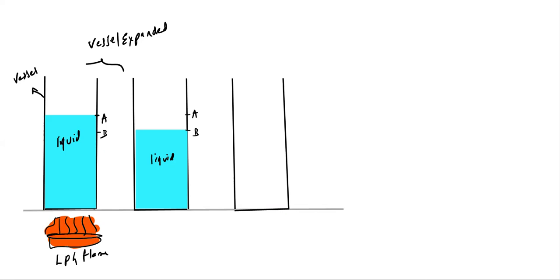As the vessel expands, the level of liquid will fall off. The reason for that, definitely, is that as the vessel expands, the volume of the vessel will increase. Then the level of liquid will fall off. So it will come like this.